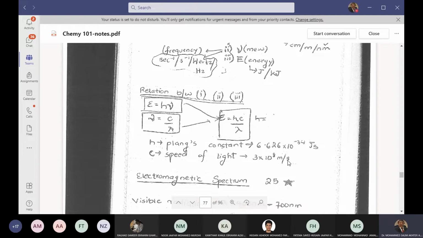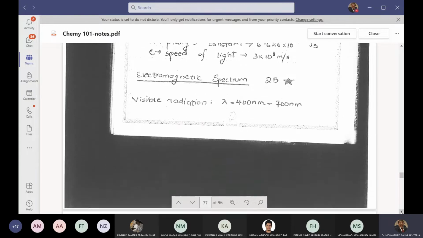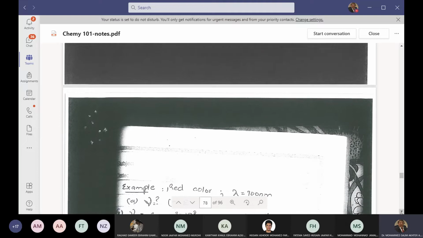These three equations are very useful to calculate lambda, frequency, and energy of any radiation which you have seen in the electromagnetic spectrum.